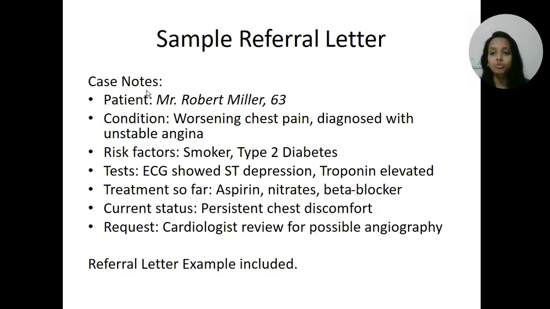Here are the case notes for a referral letter.